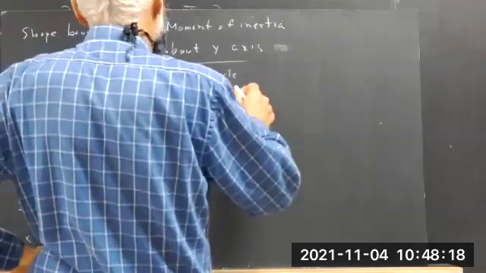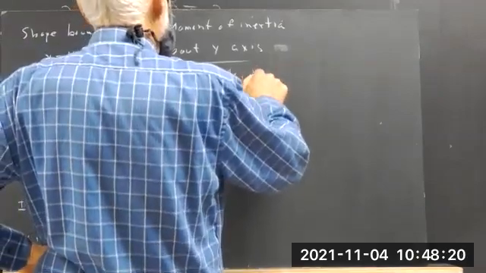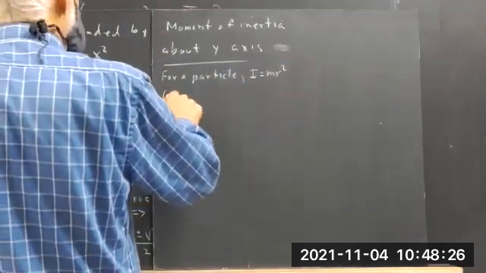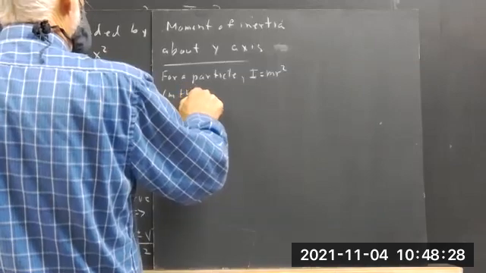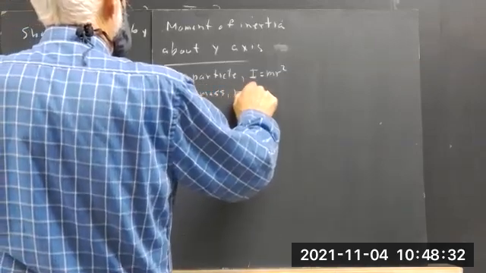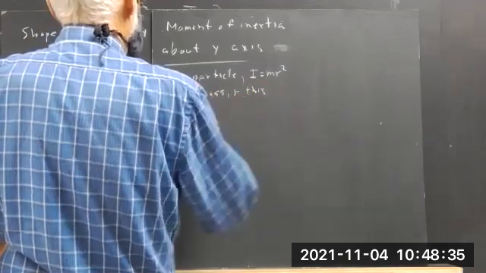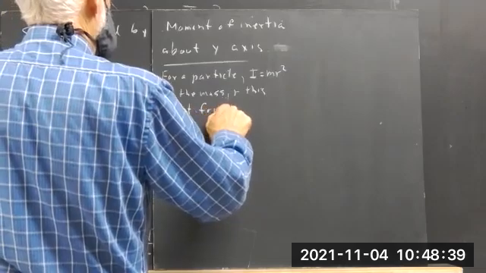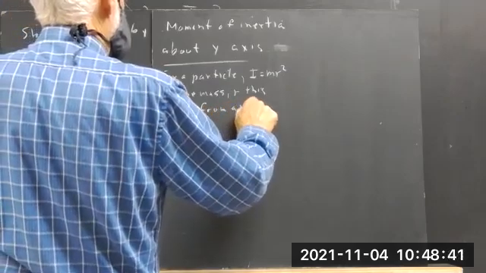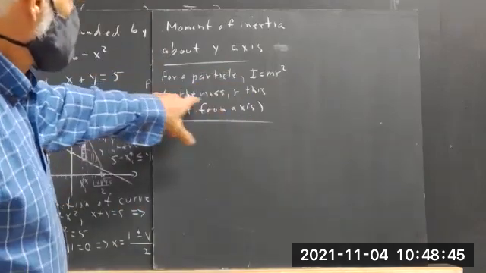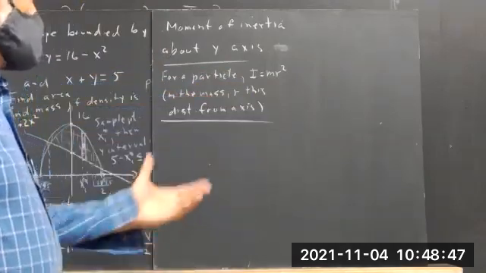So for a particle, I equals m r squared, where m is a mass, and r is a distance from the axis.